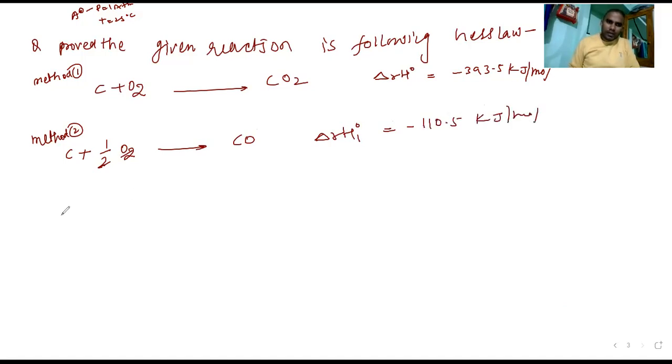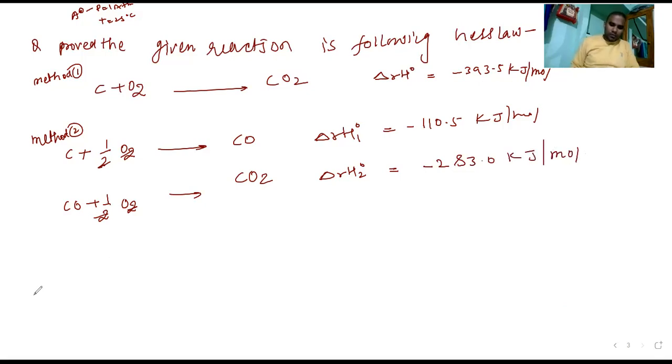Second one, they are saying CO plus half O2. It gives CO2, because these two and these two cancel out, so the two oxygens and CO2. Delta rH2 naught is minus 283.0 kilojoule per mole.